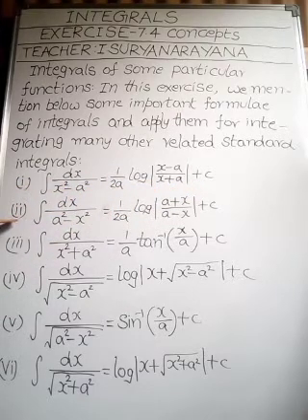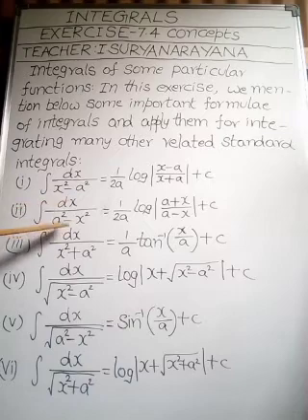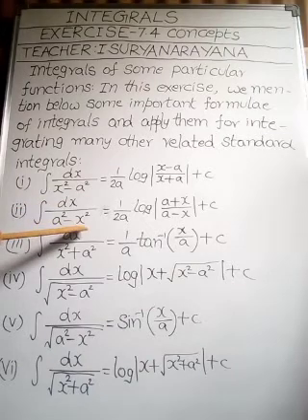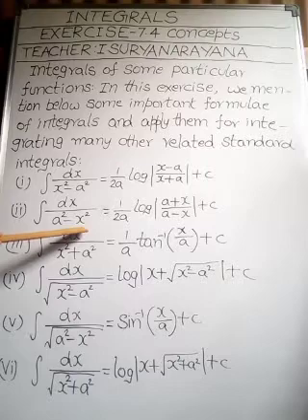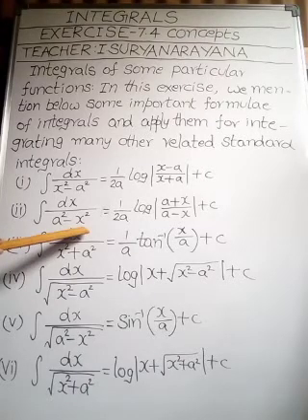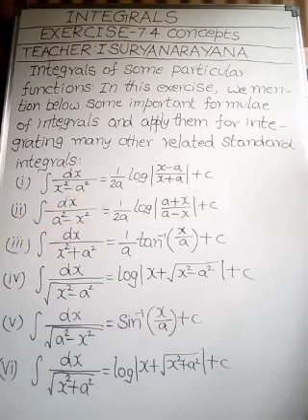Now come to the second. Integral dx by a square minus x square. Here also it is a quadratic expression in x, but here the first is the constant term and the second is the x square term. Here also the coefficient of x square is 1. You keep this point in your mind, my dear children. The quadratic expressions will be given in the denominator.